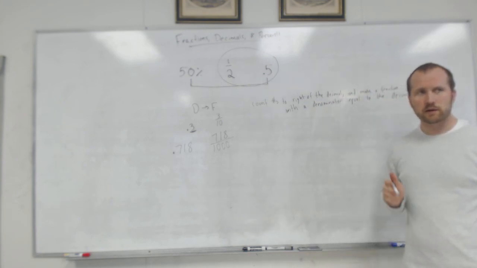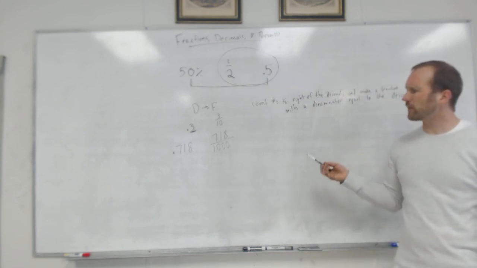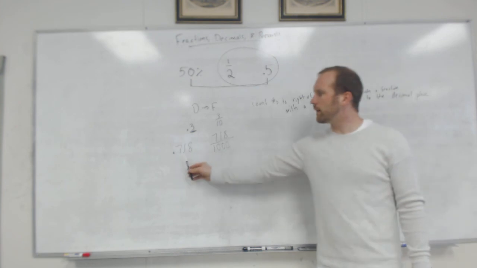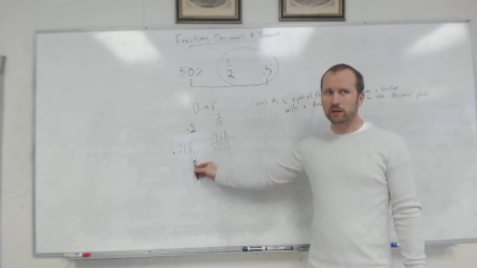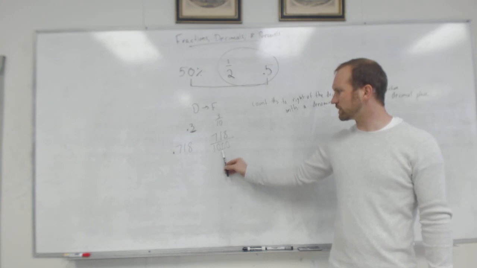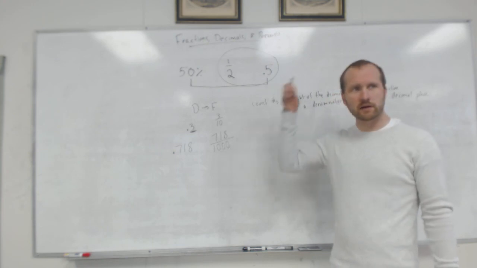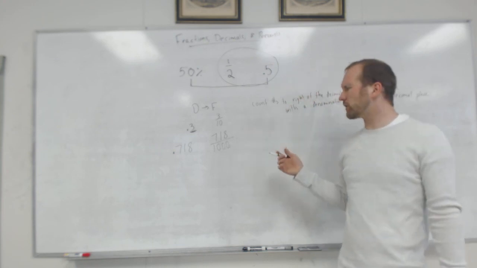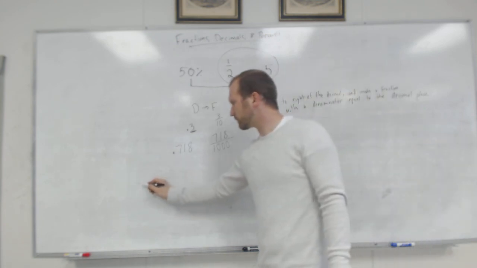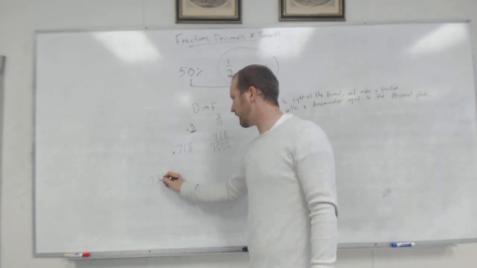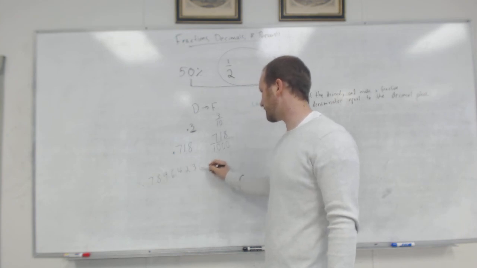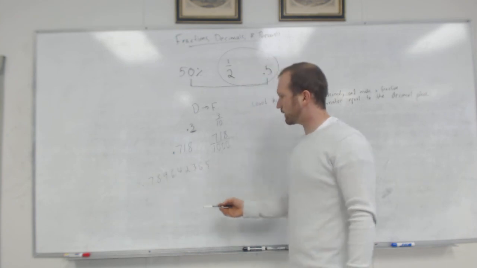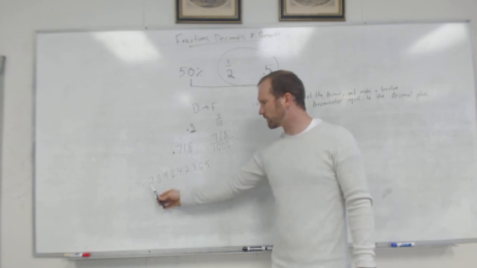Now, hold on one second. What I want you to notice is that the number of places to the right of the decimal tells us the number of zeros in that number. So if you get lost, like if you had a really long decimal, 0.789642365, okay, this is really hard.